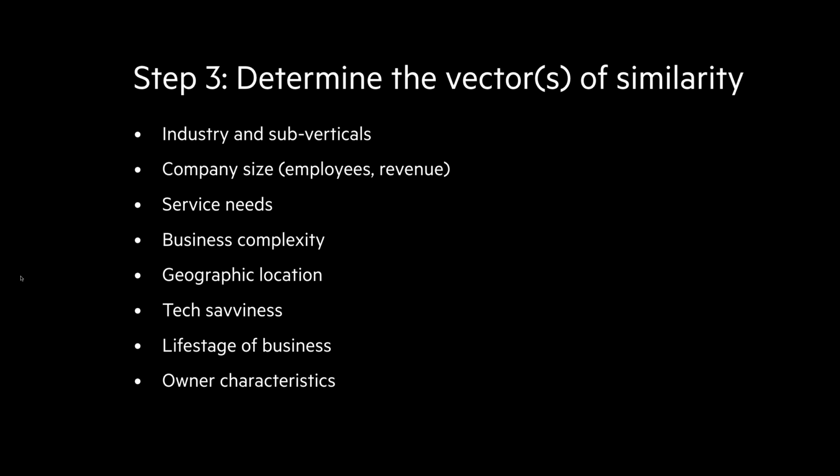Geography, where are they located? Maybe you only focus on a local market. Maybe you focus on the folks in the northern part of your city versus the southern. Maybe you're working with import-export businesses, so you're doing well with folks that are based out of Australia that are doing work here in the States, and you do a lot of tax work with them because of the complexity of it.